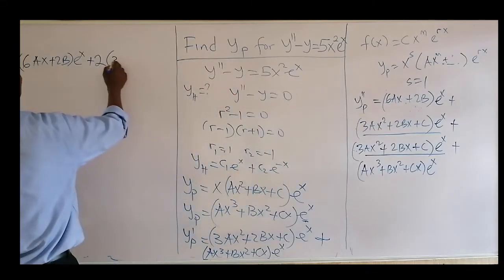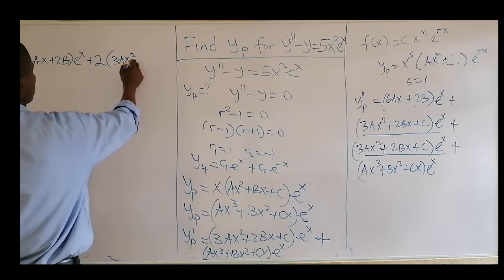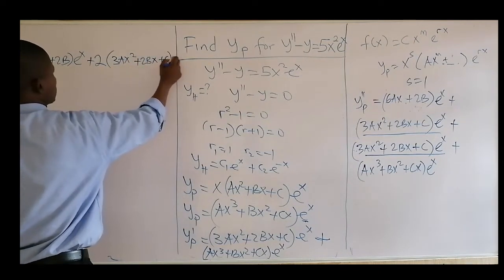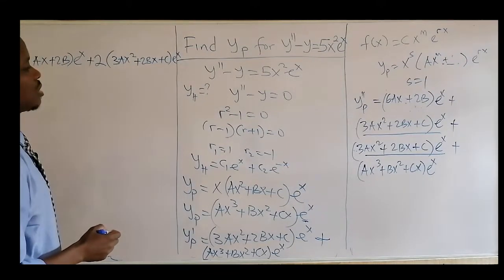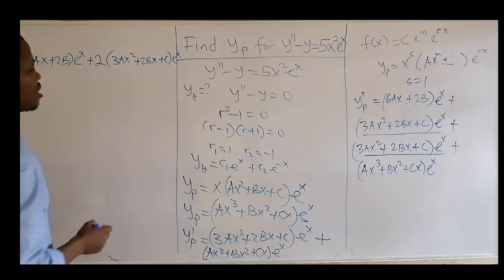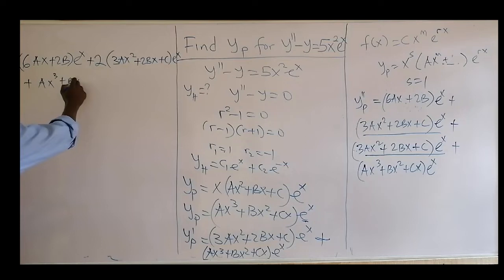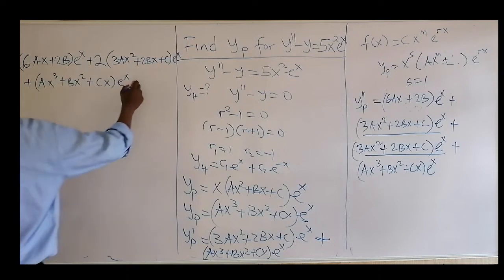So 3ax squared plus 2bx plus c e^x plus c e^x, then plus the last one, ax^3 plus bx squared plus cx, e^x. So I've done this. Then minus y.